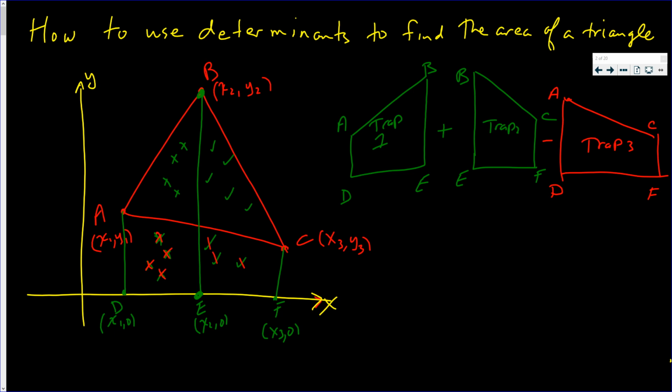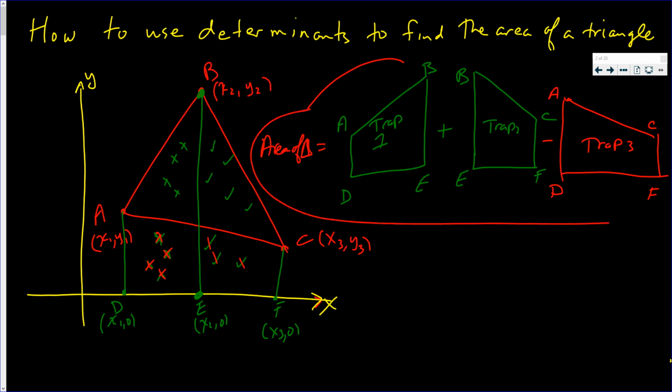So the area of the triangle will be the area of trapezoid 1 plus the area of trapezoid 2 minus the area of trapezoid 3. Okay, so now let us find the area of the trapezoids.